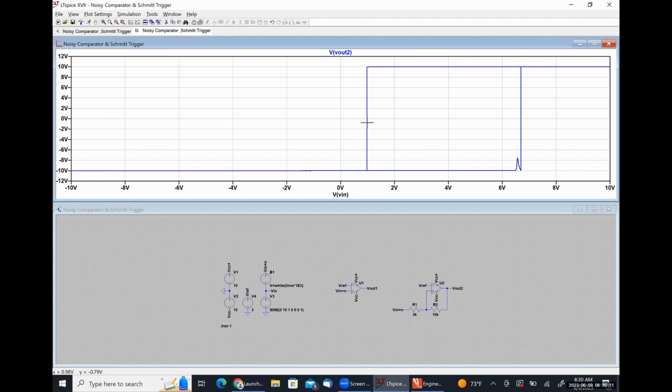So this is how you determine the approximate upper trigger limit and lower trigger limit of a non-inverting Schmitt trigger circuit. We've shown that our mathematical model gets us answers that agree pretty well with our simulation.